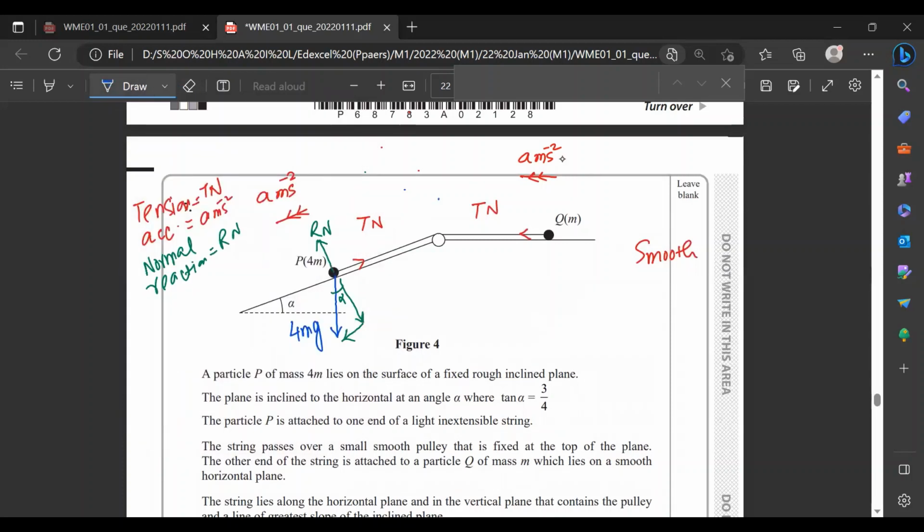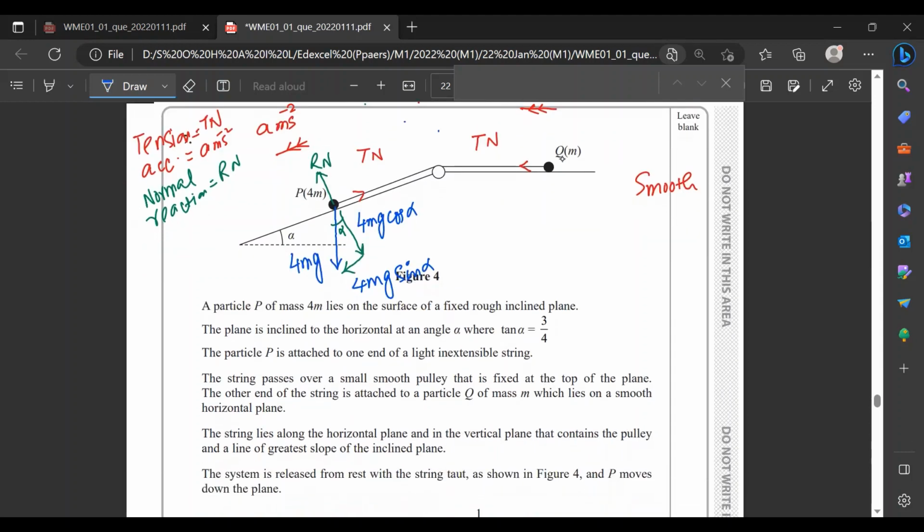Next is 4mg sine alpha here, and 4mg cos alpha here. We need the values of sine alpha and cos alpha. If there is a triangle, tan is opposite over adjacent, so this is 3 over 4. By Pythagoras theorem, I can find the hypotenuse as 5.